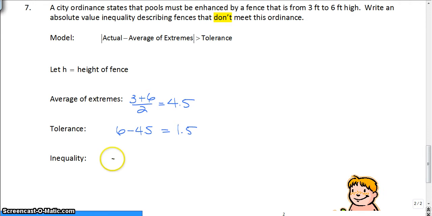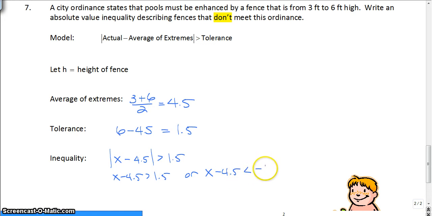Okay, so we have the actual, again, we don't know, minus the average of the extremes, which we said is 4.5, which is greater than the tolerance of 1.5. This is an OR statement, so we're going to have x minus 4.5 is greater than 1.5, or x minus 4.5 is less than a negative 1.5.